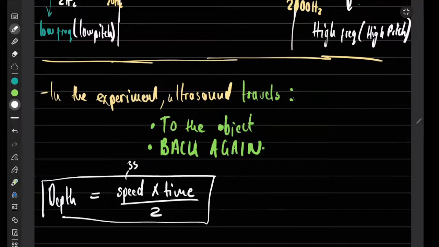And speed will be 330 to 350 meters per second. The time you measured, you divide by 2. You find depth. What is depth? It's a distance.